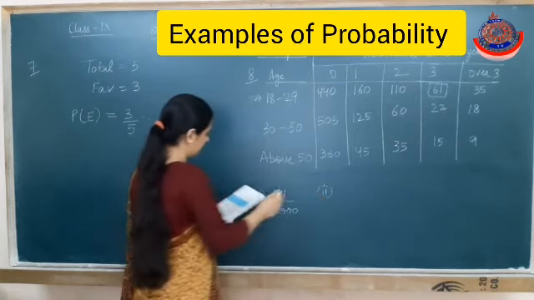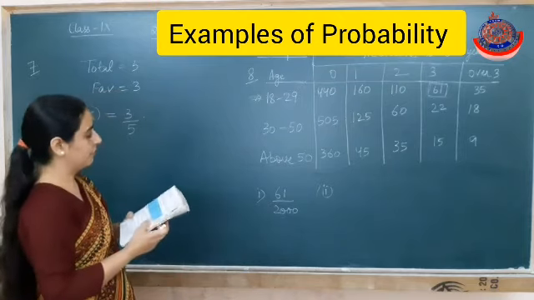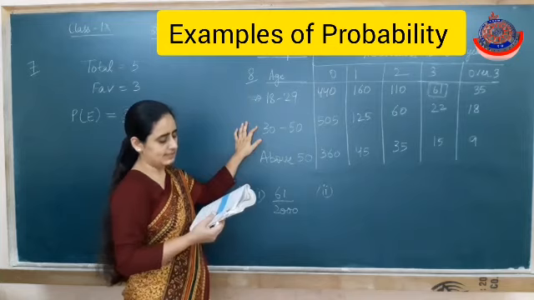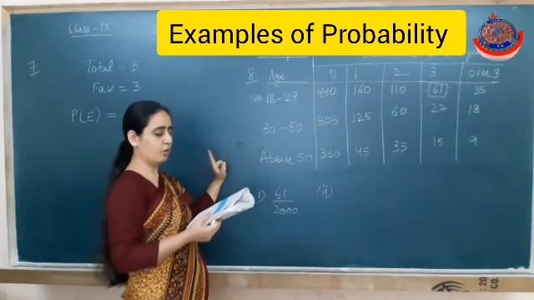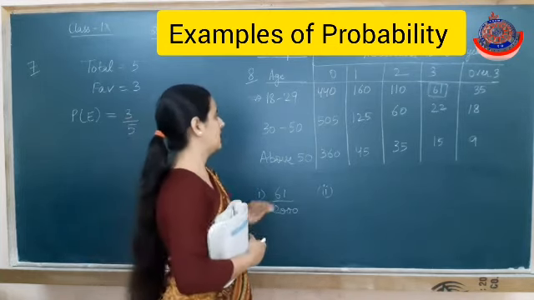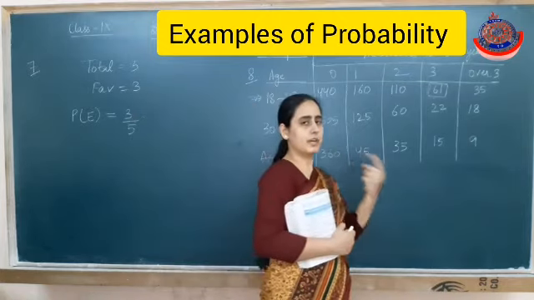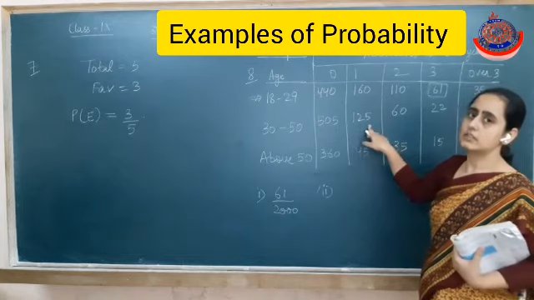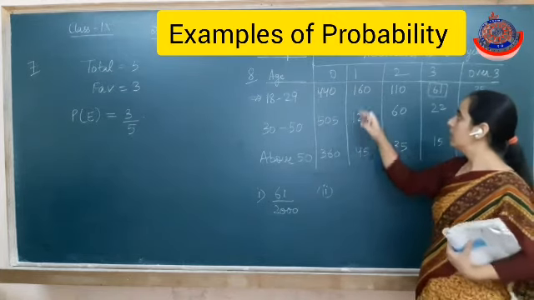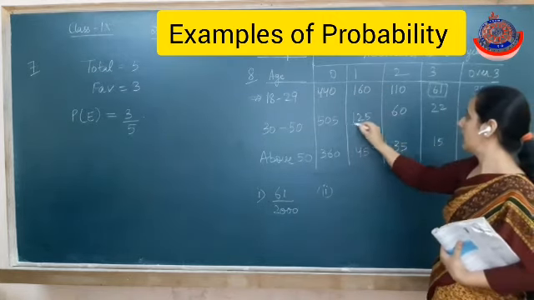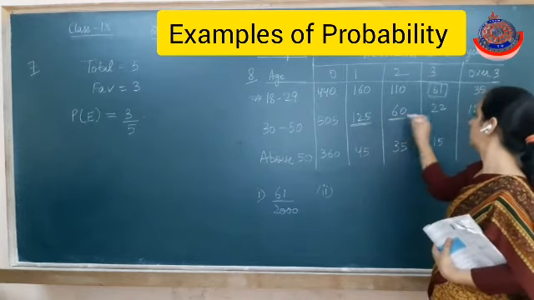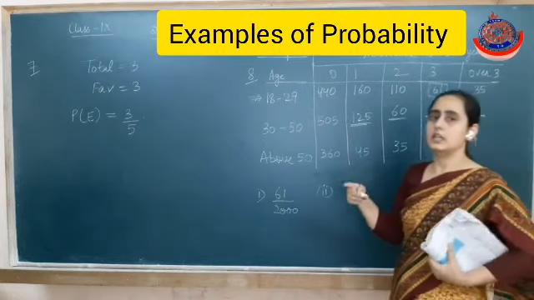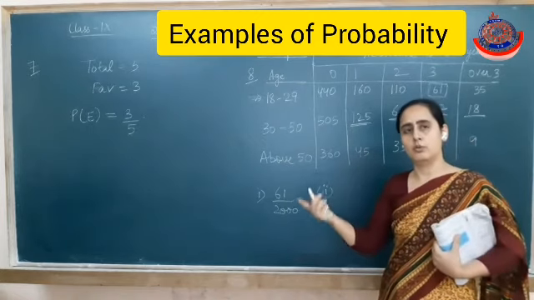Second case says being 30 to 50 years of age. That means now we have to find out in this group. And the second condition is having 1 or more accidents. Now we are saying either it has 1 accident or more. Now 1 or more means it can have 2, 3, 4. So we will be adding all these values, 1, 2, 3 and more than 3, because we are saying it can have 1 or more.